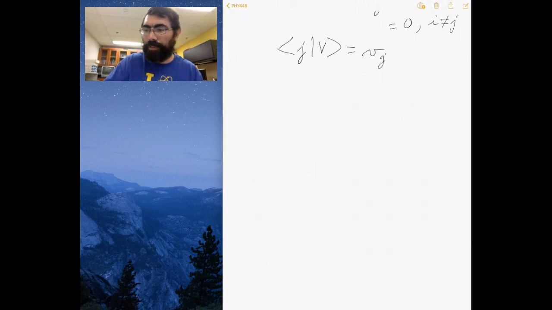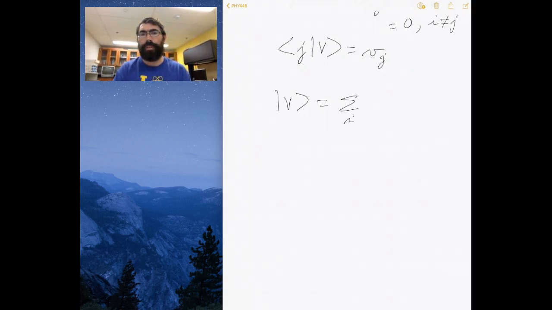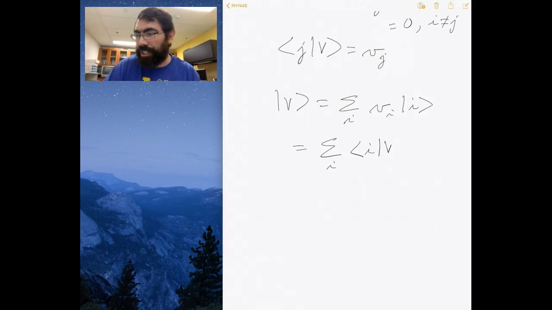So therefore, I can now write my vector v as a sum over all the dimensions of the coefficients times my basis vectors I, but I can rewrite this as the coefficients being just the projections of that axis on the original vector, times the basis.